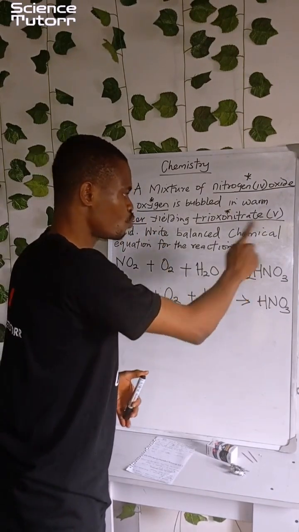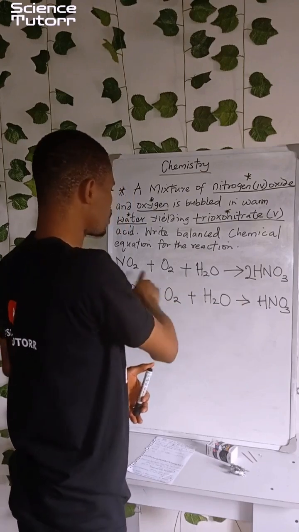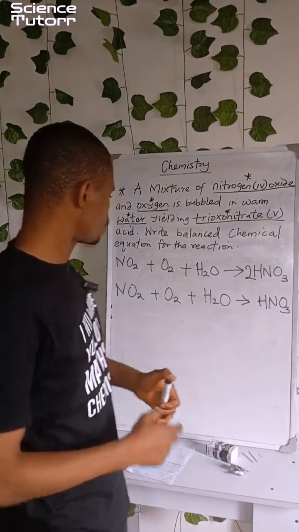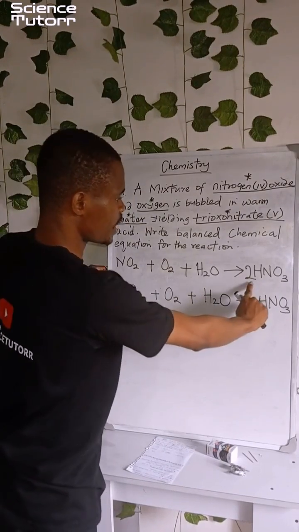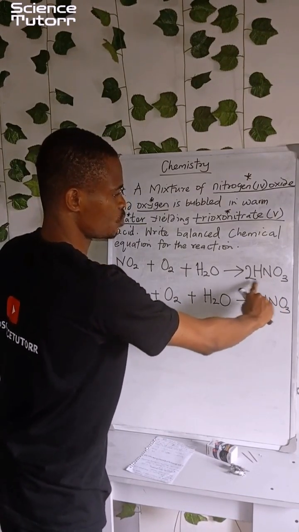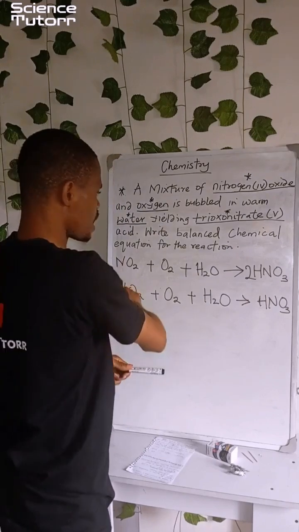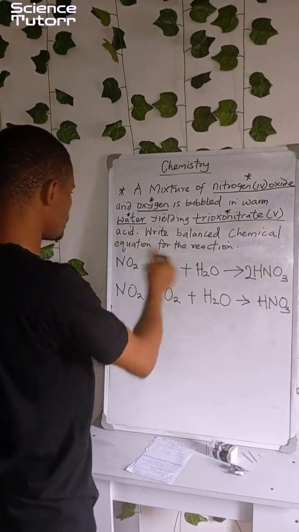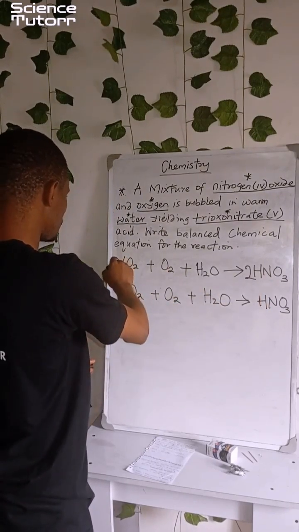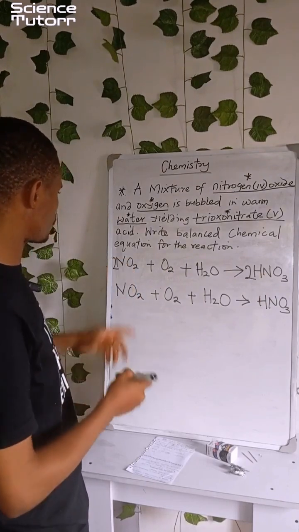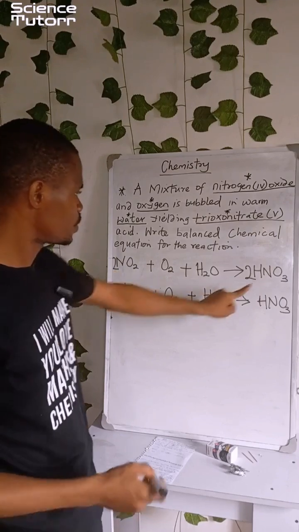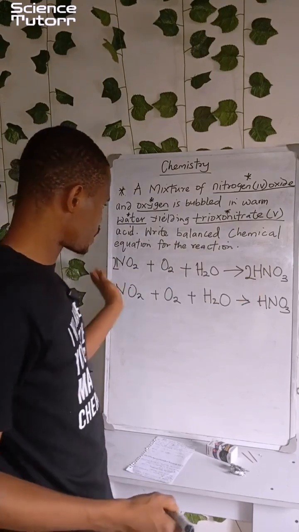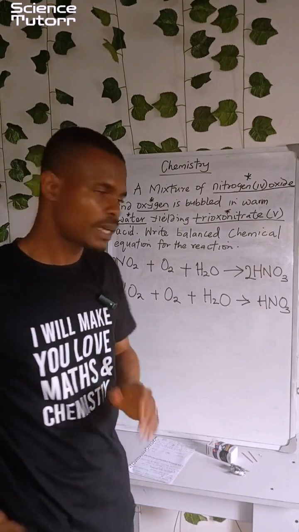But the same 2 will also affect every other element. So let's do elemental balance. Nitrogen is 1 here, nitrogen on this side is 2. So I have to add a 2 in front of nitrogen dioxide. So now I have 2 nitrogen, 2 nitrogen. Reactants 2, product 2, it is balanced.